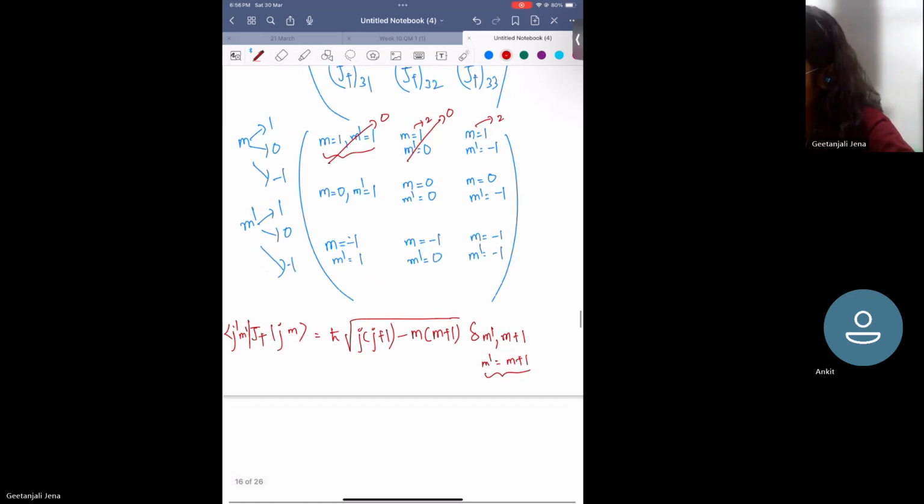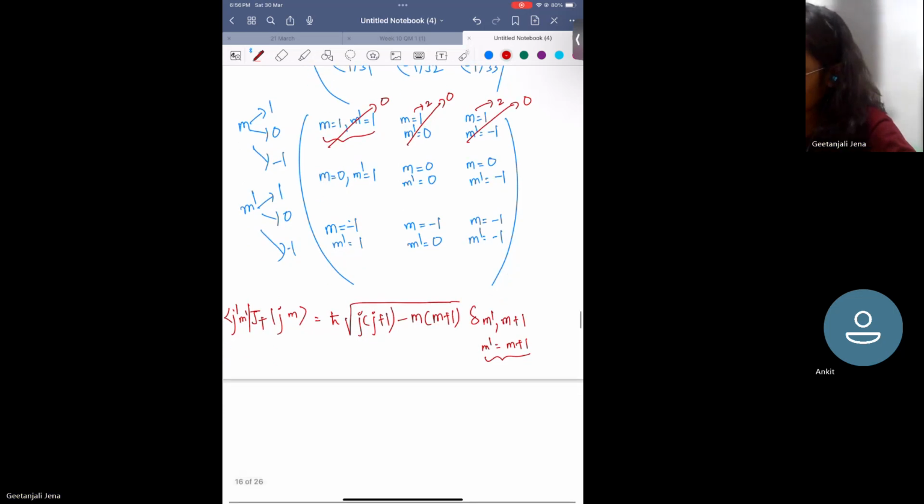is non-zero and this is 0. So that means only, let me see where it is non-zero. So this term would be also 0. This will be 0.